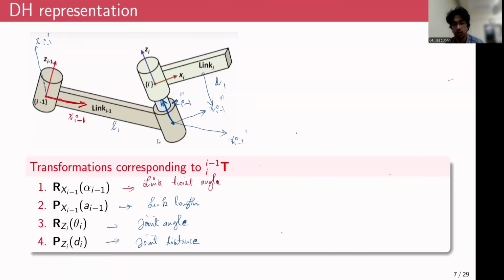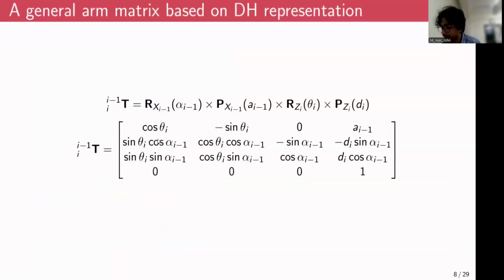And the fourth is a pure translation about zi. And you essentially know that if you post multiply each of the transformation matrices, you will end up with a transformation matrix from the i minus 1 frame to the ith frame, right?